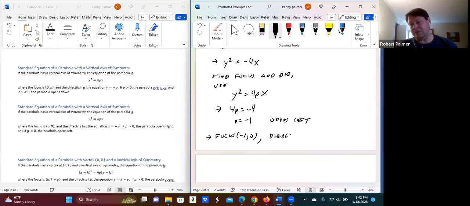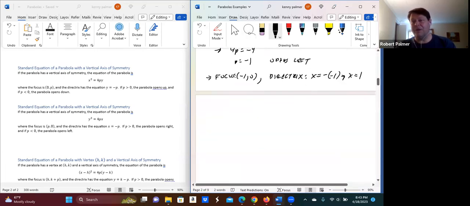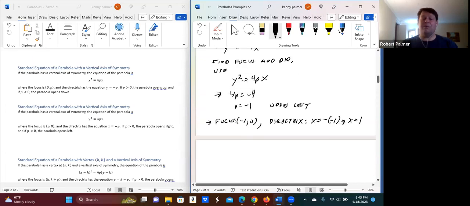And the directrix, if you notice, the equation is x equals -p. So that's x equals the negative of -1, and so that means it's actually x equals 1. So if we graph this, once again, our vertex is going to be at the origin (0, 0). Actually, the vertex of all this form is going to be (0, 0).